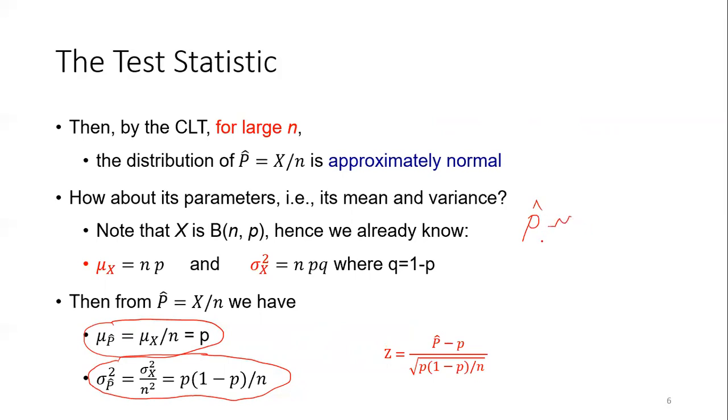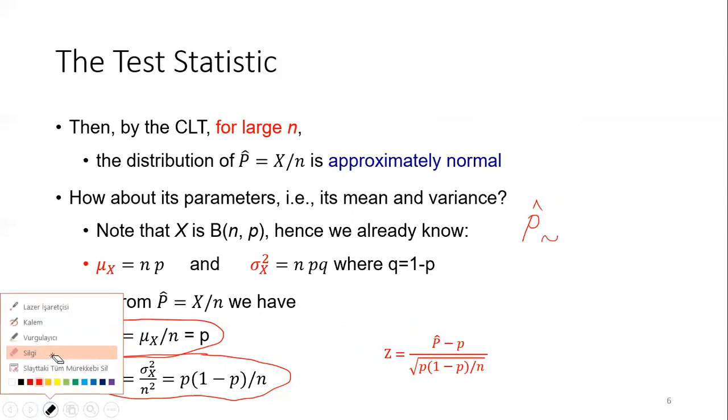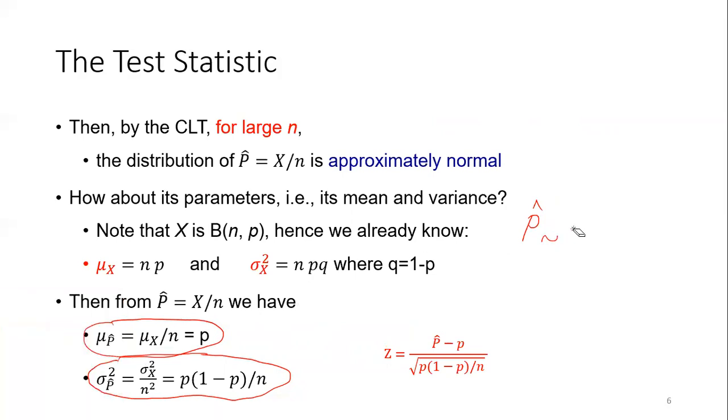So p hat is normally distributed with mean p and variance pq over n, and for its standard deviation we just take the square root of it, which is the square root of pq over n.